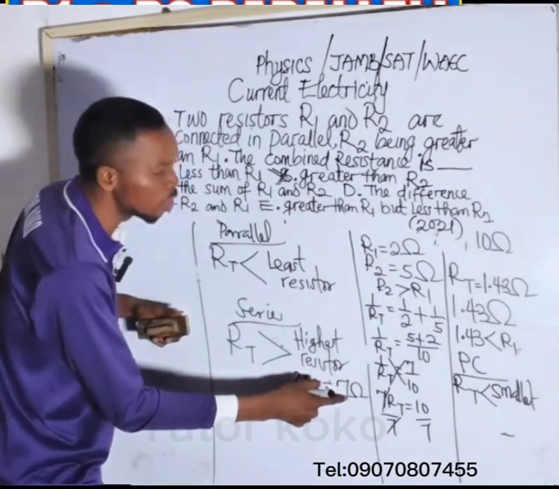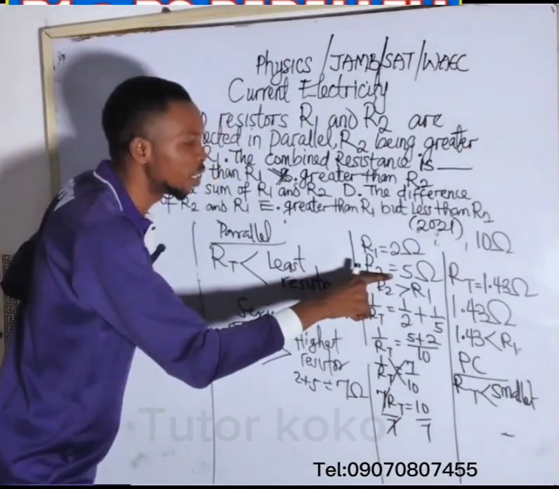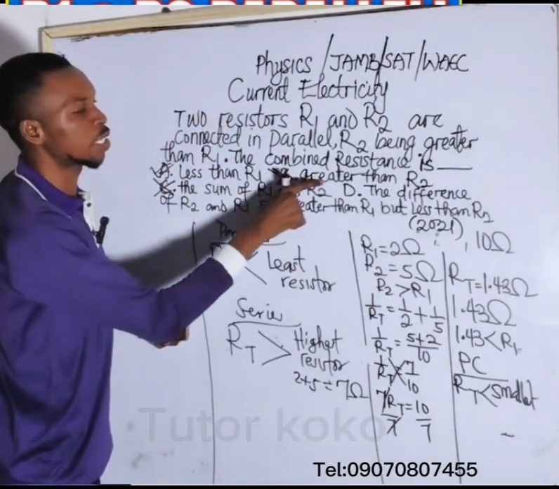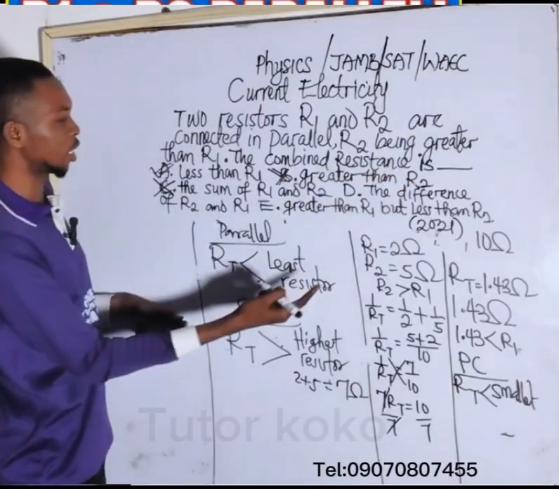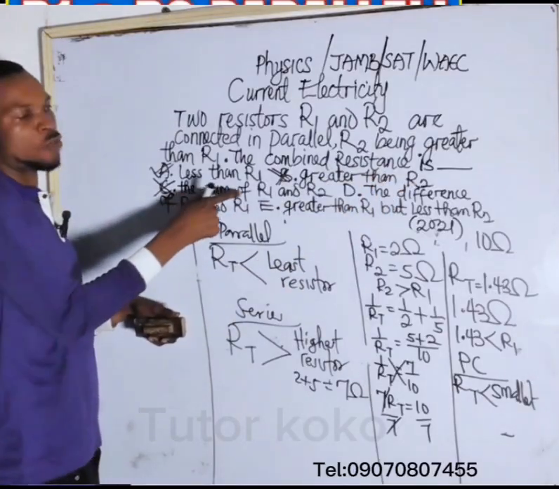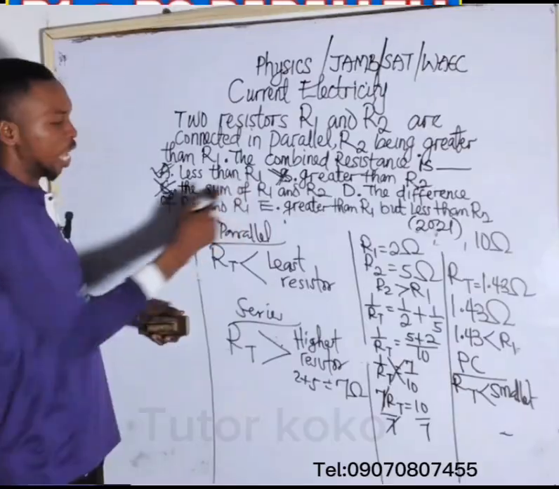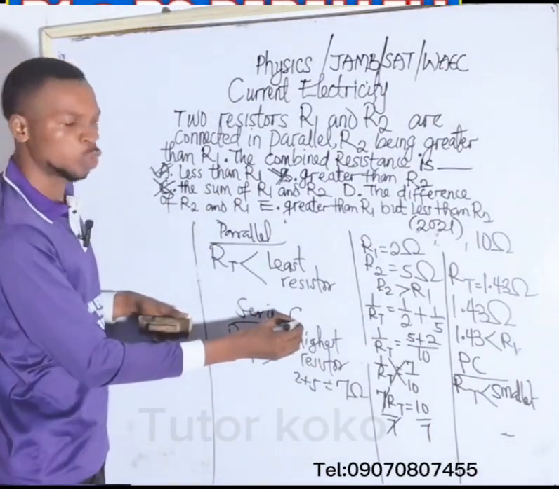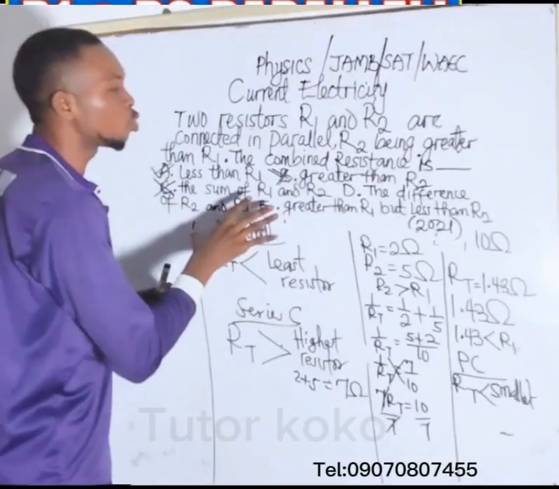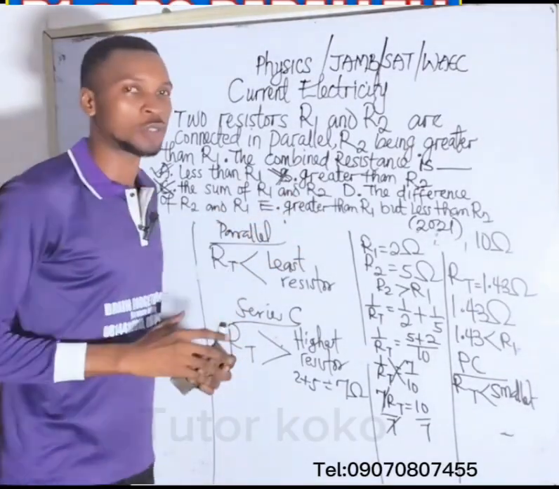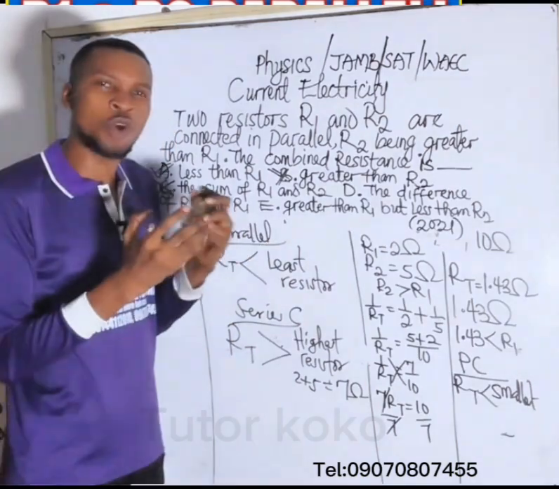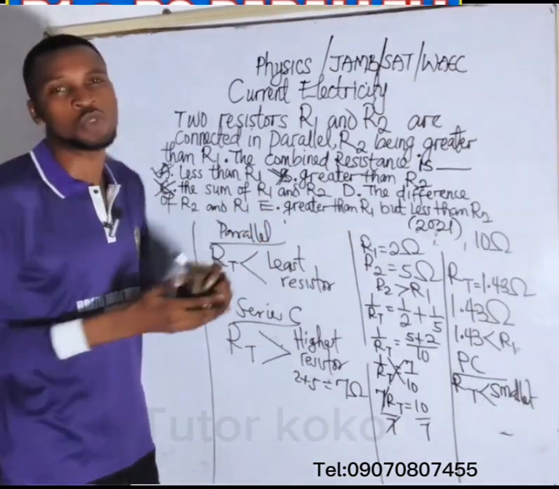You see that 7 is bigger than the highest resistor. So if they were in series, it would have been greater than R2. Do you understand it now? And I can also go for the sum of R1 and R2. So options B and C would have been correct if they were arranged in series connection. Do you understand it now? So that's how you solve this question. As you can see, it's not hard. You just need to understand one or two concepts and you are good to go.